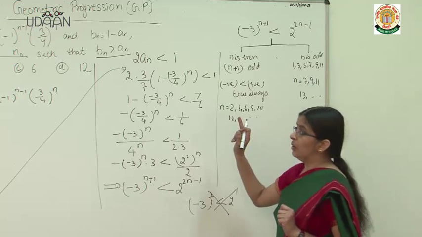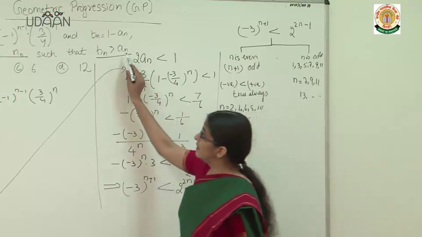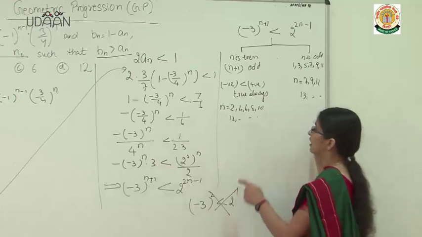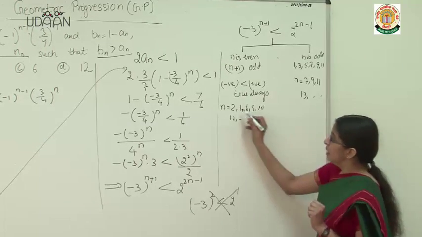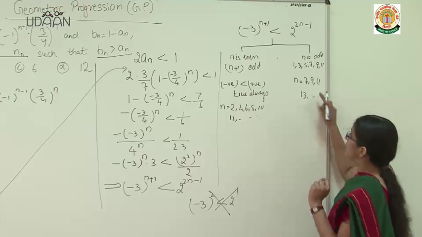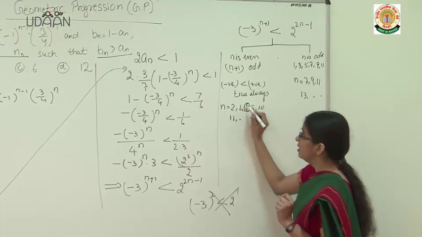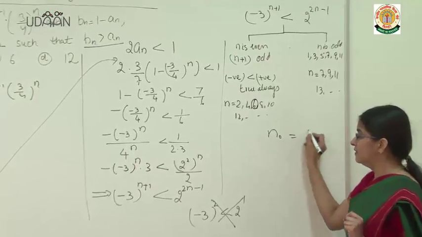We need to calculate that n naught such that bn is greater than an for all values of n greater than n naught. Now can you tell what is the smallest possible value of n naught? For n even: 2, 6, 8, etc. Here from 7 onwards, so the smallest value of n such that the given condition is true is 6.